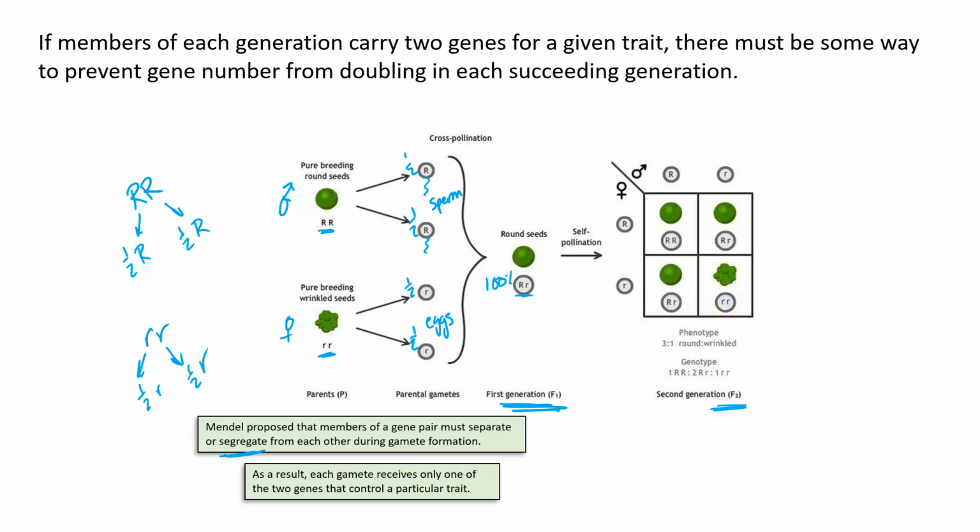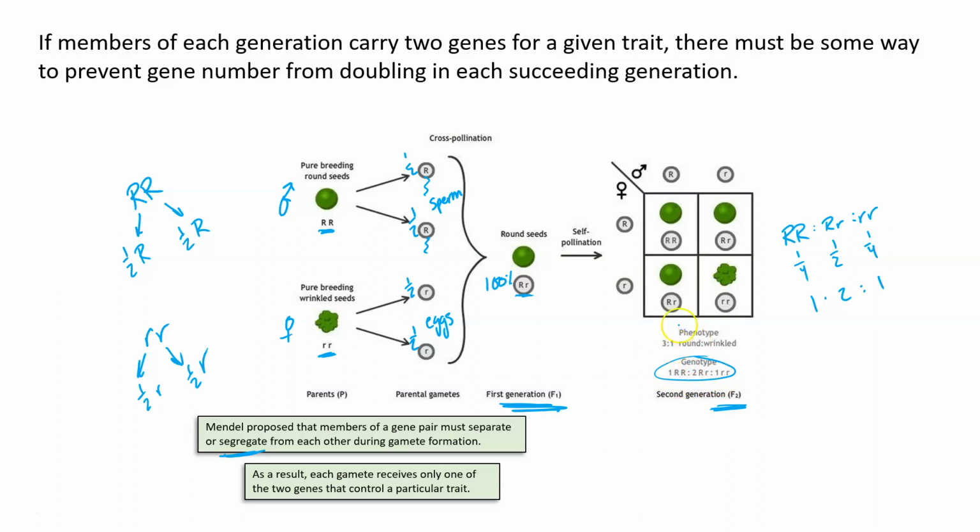When you put them together, you get big R big R, big R little r, little r little r in a 1/4, 1/2, 1/4 ratio, which is a 1 to 2 to 1. You can see that here. Genotype, 1 big R big R, 2 big R little r, 1 little r little r. That's a 1 to 2 to 1 genotypic ratio.